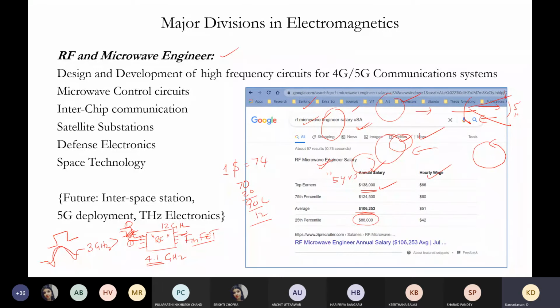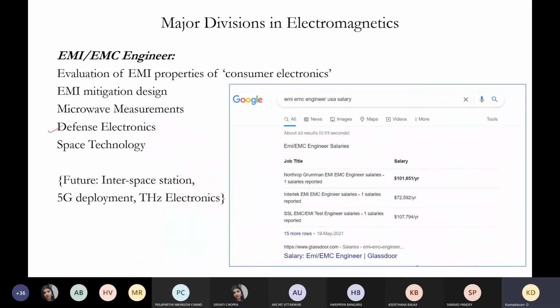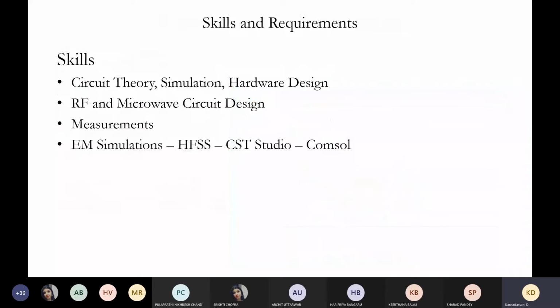There are interesting electronic circuits needed in the future. These jobs will be very interesting and, at the same time, definitely challenging. So what are the things you are supposed to be good at? You are supposed to be good at circuit theory, and then simulation of that.